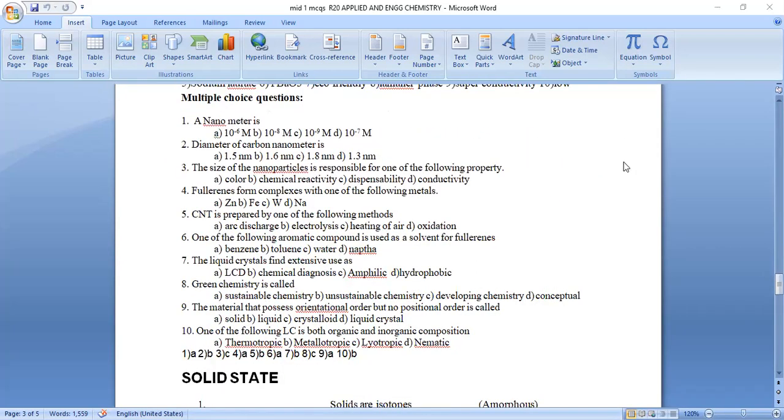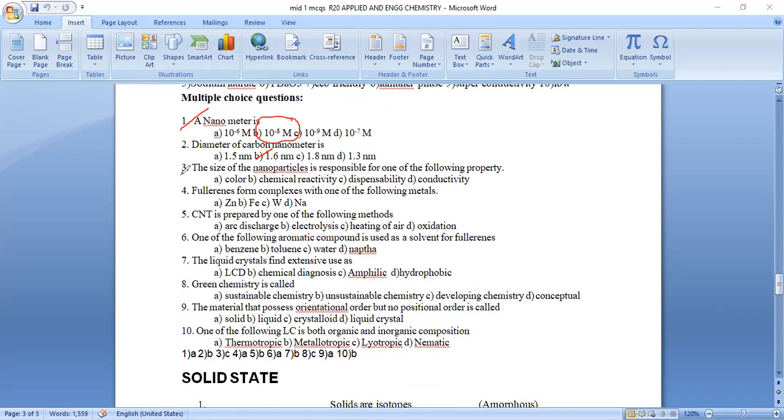In the first series, we will see some of the multiple-choice objectives. A nanometer, or nano component, is identified based on 10 power minus 8 meters. Point: the diameter of the carbon nanomaterial is equal to 1.6 nanometer.